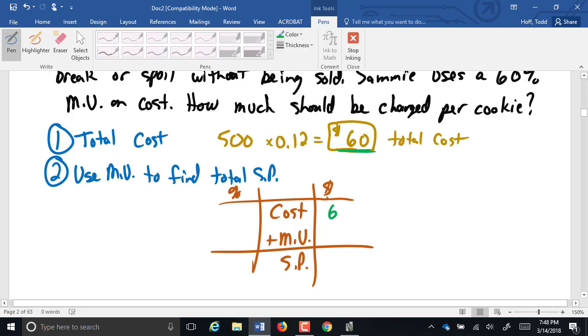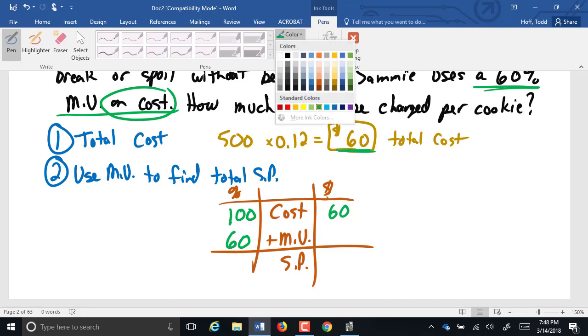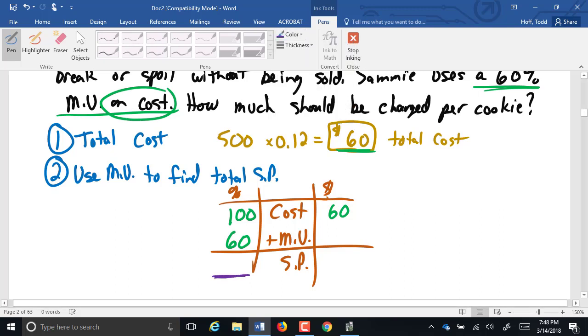The $60 goes in there for the dollar amount of the cost. 60% markup on cost. So 60% goes for the markup. 100% goes on cost. What goes down here? $160, good. 100 plus 60 is 160.